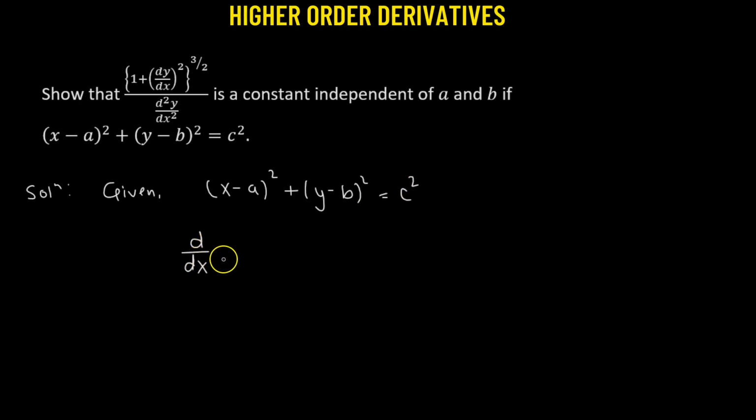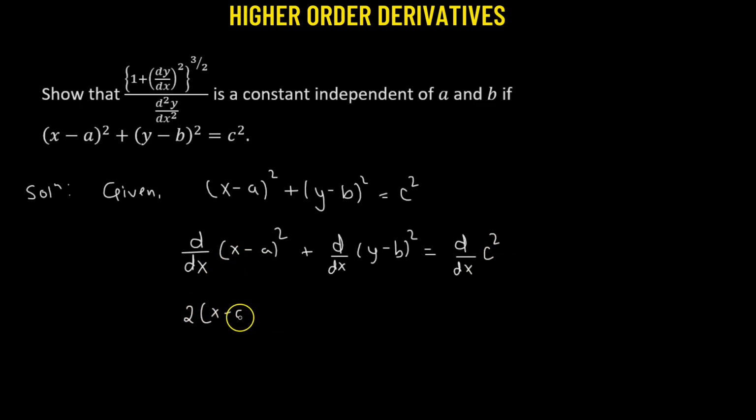So let's take the derivative with respect to x term by term. So derivative of (x minus a) whole squared plus derivative with respect to x of (y minus b) whole squared equals derivative with respect to x of c squared. Now here we will use the power rule. We have 2 times (x minus a) raised to the power of 2 minus 1.